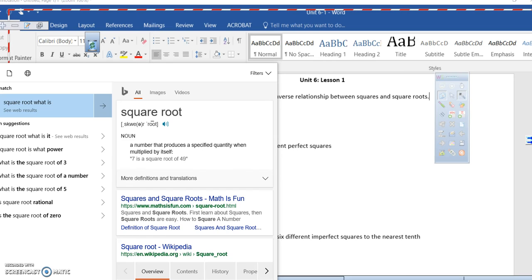And most of us know that. It's just kind of hard to put into words. A number that produces a specified quantity when multiplied by itself. That's what a square root is.